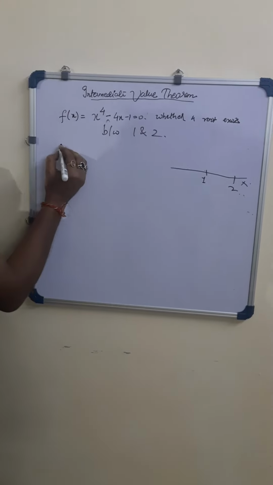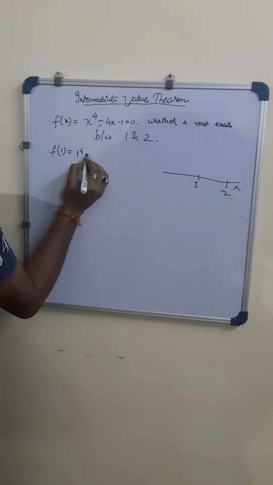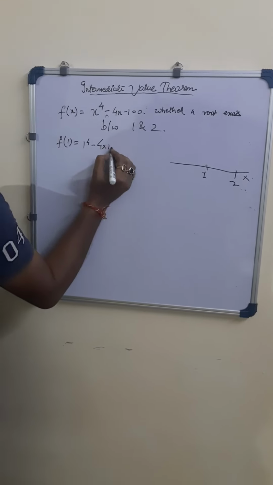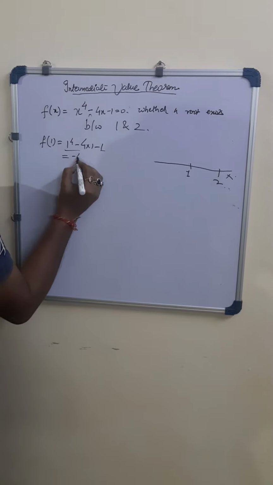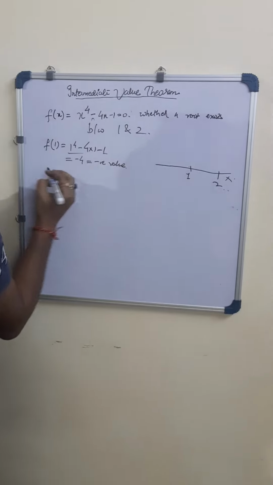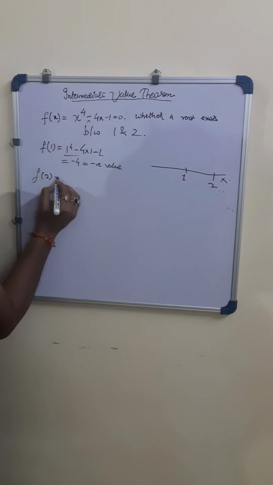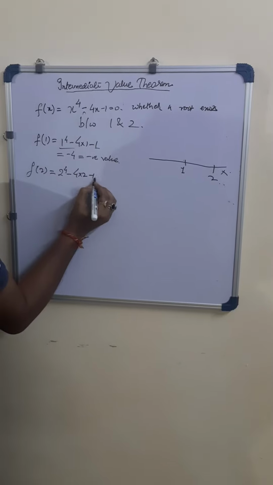So essentially we will again find out f of 1 is equal to 1 raised to power 4 minus 4 into 1 minus 1. So this and this will cancel out, so this will be minus 4, a negative value. And f of 2 is 2 raised to power 4 minus 4 into 2 minus 1.